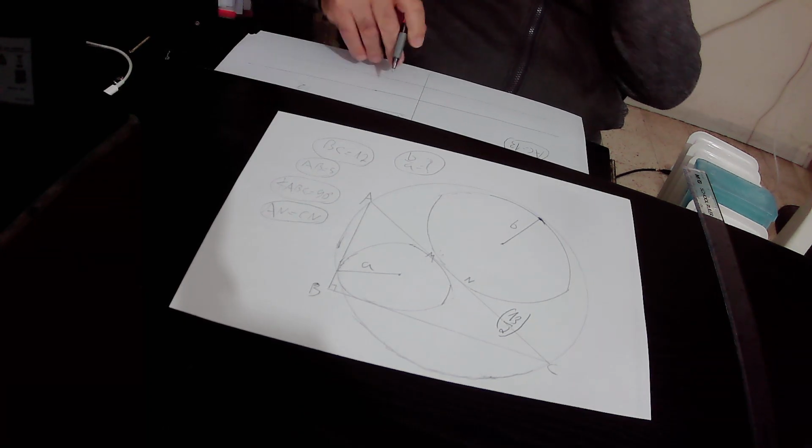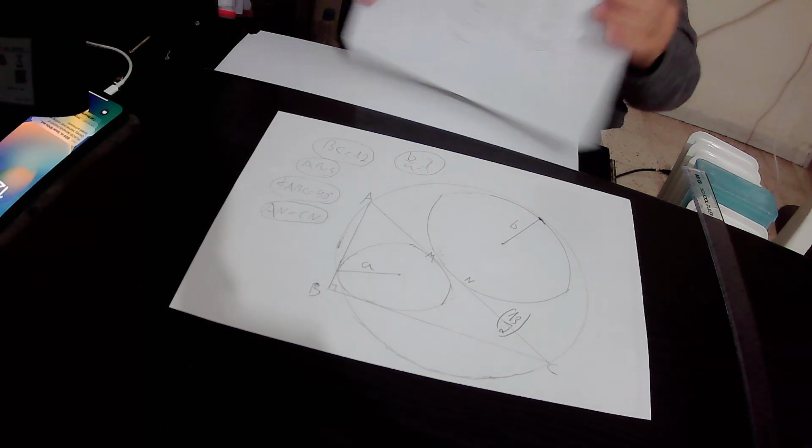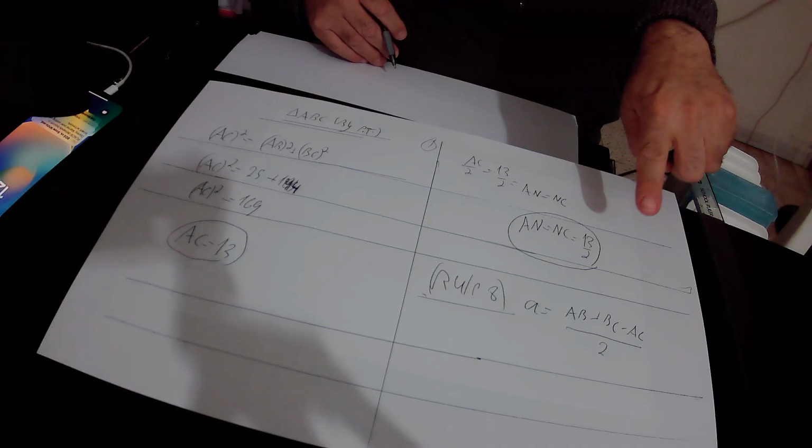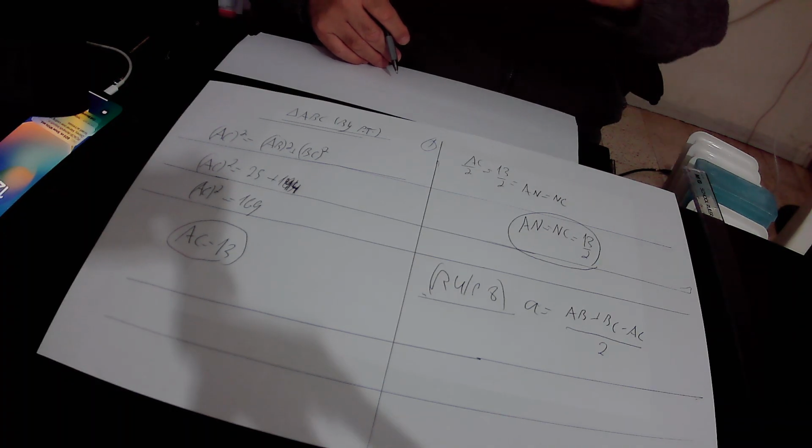Repeat again, according to rule number 8, the radius A will be equal to AB plus BC minus AC over 2.